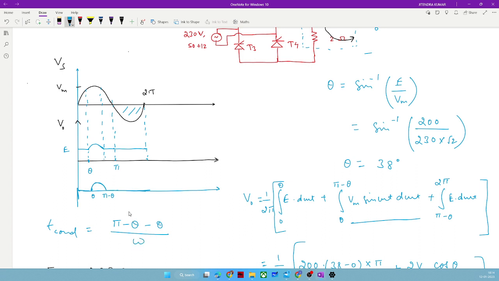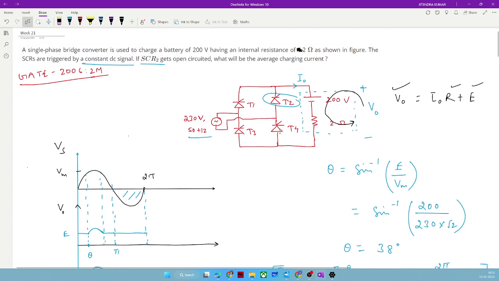Otherwise, you will get it in terms of angles. If you divide it by omega, then you will get it in terms of seconds. Omega is nothing but 2 pi into f. F is 50 hertz, so that you can do. 180 minus 38 minus 38 by 2 pi into 50. Right. So any doubt in this problem?